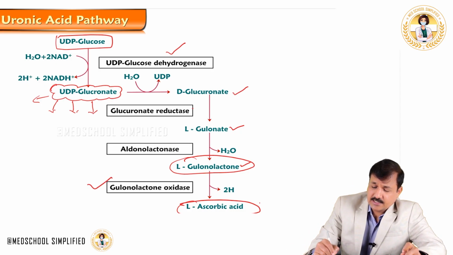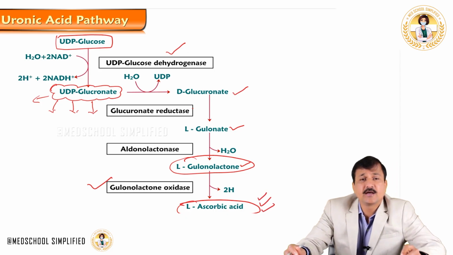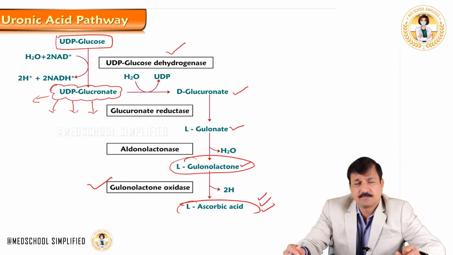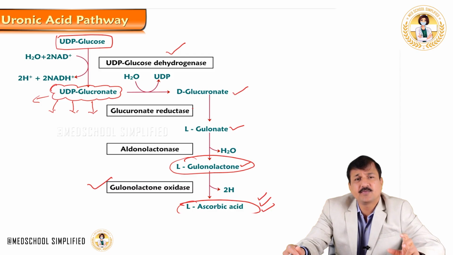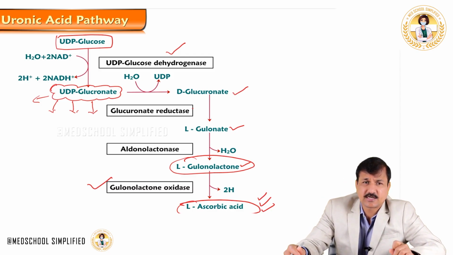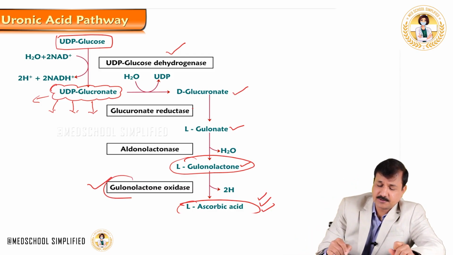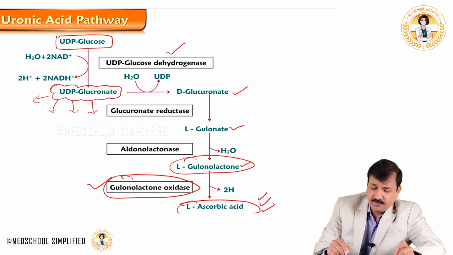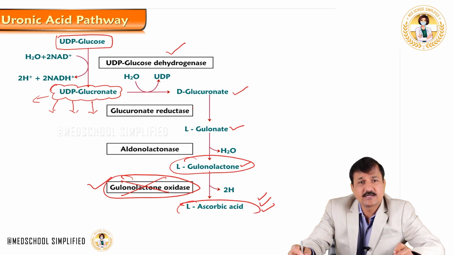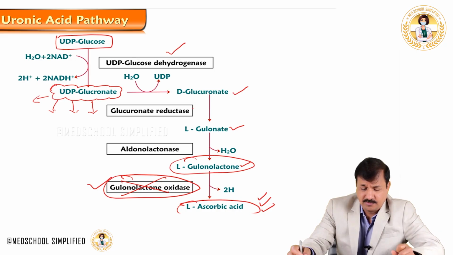And this is how ascorbic acid is synthesized in plants, like in citrus fruits, where ascorbic acid is at high concentration. So plants can synthesize L-ascorbic acid, and some animals can synthesize L-ascorbic acid because they express the gulonolactone oxidase enzyme. Whereas humans lack this gulonolactone oxidase. That's why L-ascorbic acid cannot be synthesized in humans.